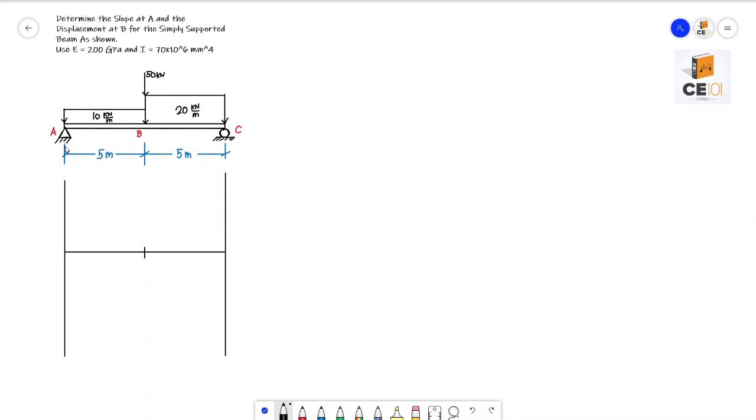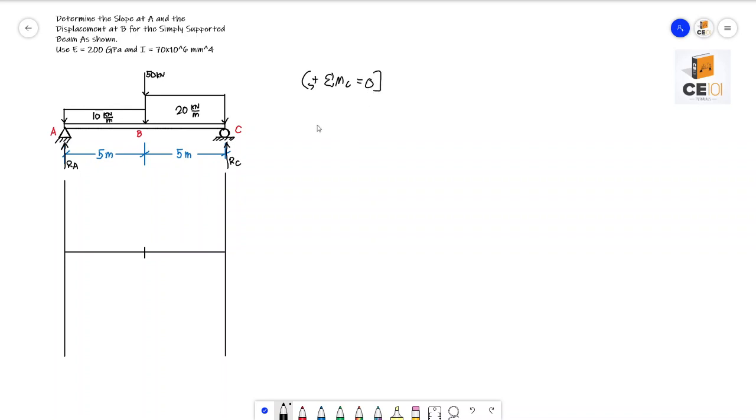So una muna is yung mga reactions. So reaction at A, tawagin natin RA, then reaction at C, tawagin natin RC. So moment tayo sa kahit anong point. So unahin ko muna moment at C. So summation of moments sa C, counterclockwise as positive, is equal to 0.